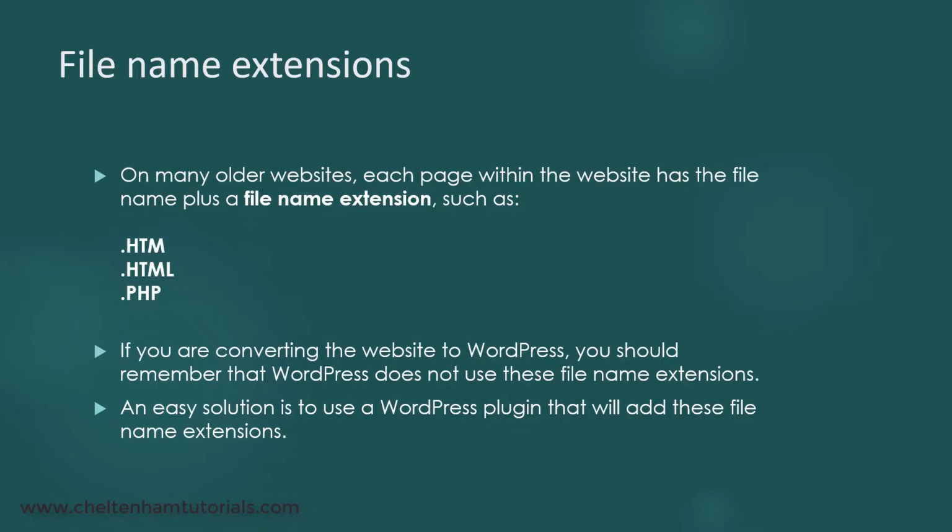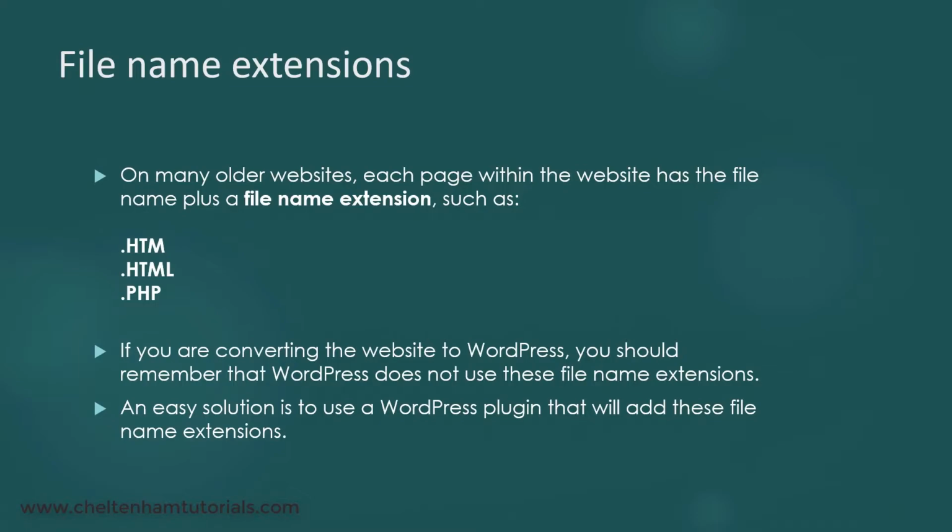And there are many different programs for creating websites, and a lot of the older ones would create file names, and it would add the extension like .htm or .html or .php. WordPress, on the other hand, creates pages that don't use these file name extensions.